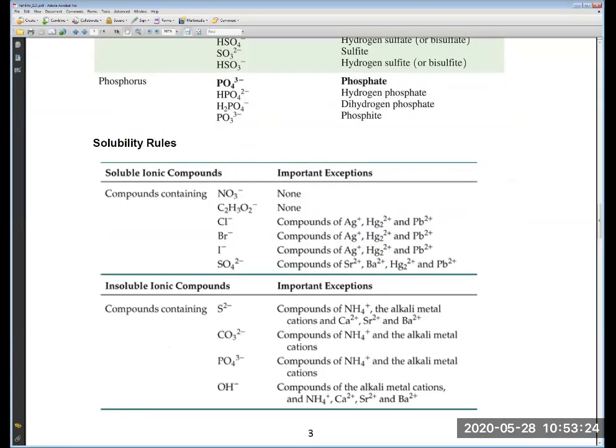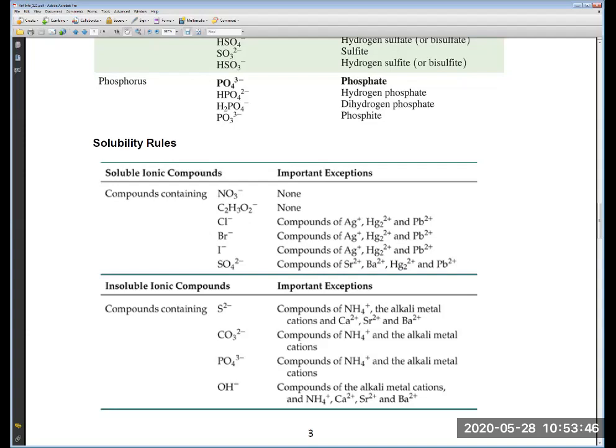So NaOH, when you have Na plus and OH minus, here there is no Na plus listed in those ions. So you have to go down to OH minus at the bottom of the second part of the table. Here it is listed among the insoluble ionic compounds.